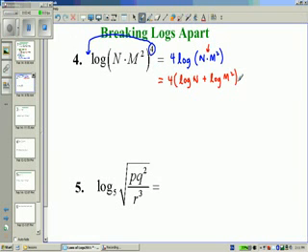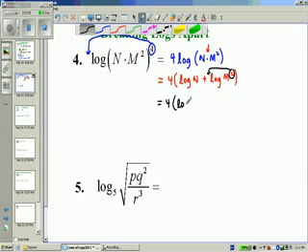So I'm using rule number 1 there. Now I can still do some simplifying right here. Rule 3 says I can pull that out in front. So I'm going to have 4 log n plus 2 log m.